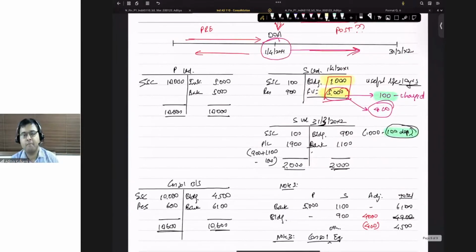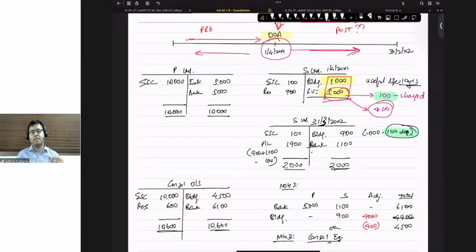Why post? Because now the depreciation is charged after P has acquired control over S. And that is why depreciation is going to be charged. On the date of acquisition, increase in value, P did not have any control. And that is why we are taking it as pre-acquisition. Thereafter, I have to write it off because accounting requires me to write off the value of the asset over the remaining useful life.